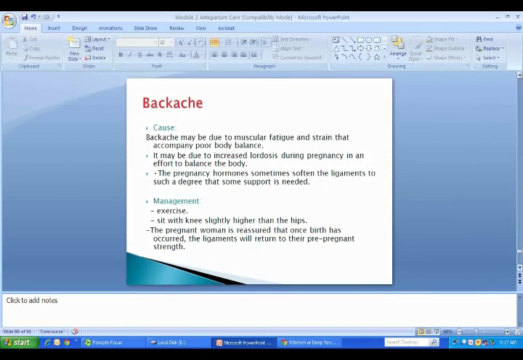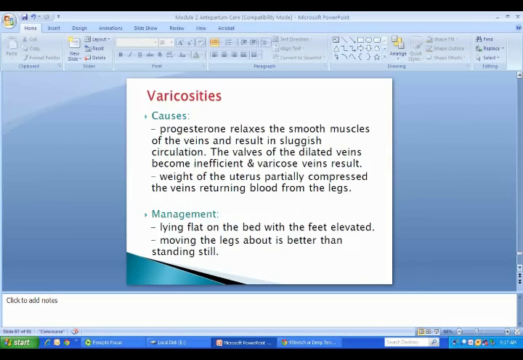Backache, we went over about maintaining good posture. They may, again, from all the congestion, wind up getting some varicose veins through the pregnancy. Tell them to elevate their legs if they notice they're getting some edema to the lower extremities, just like we tell our CHF patients.